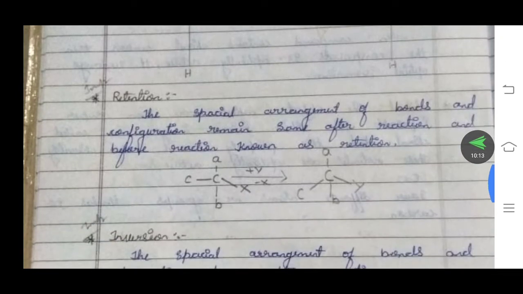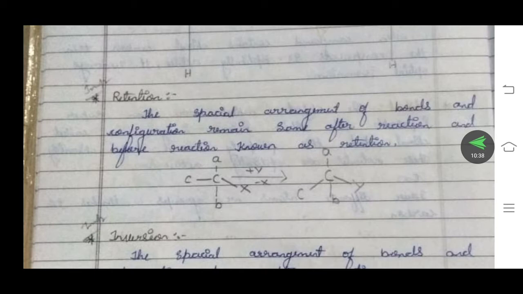Okay, next, retention. Retention means the spatial arrangement of bonds and configuration remain the same before and after the reaction. Understood? Configuration means dextrorotatory or levorotatory. If the plane polarized light rotates clockwise, that is dextrorotatory.